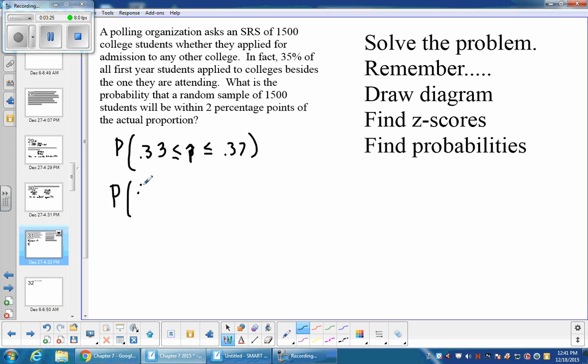To find that out, since it's normal, we can just use our normal distribution method. So finding z-scores: the x value, or p hat value, I guess now, minus our mean, over our standard deviation.